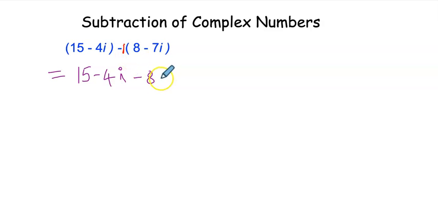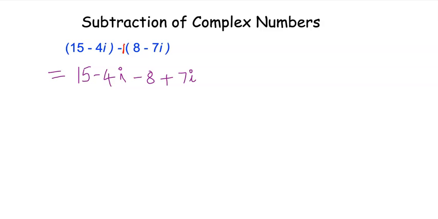Negative times negative is positive, 1 times 7i is 7i. Or you can just think, on dropping these parentheses, I have to change the sign because of the subtraction. This positive 8 changes to negative 8, and negative 7i changes to positive 7i.